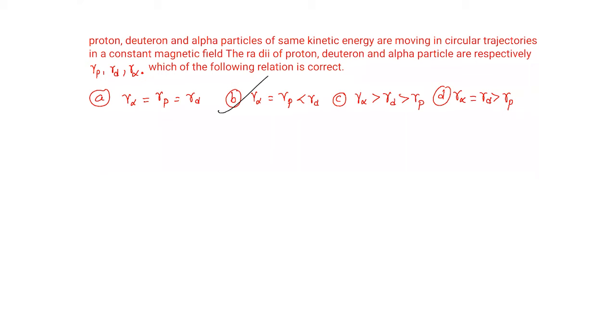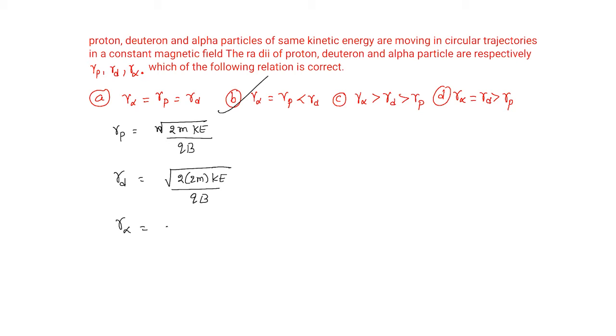That's true. They are entering with the same kinetic energy. So what is the radius of the proton? It is 2m KE divided by qB. What is the radius of deuteron? 2m KE divided by q is the same, qB.